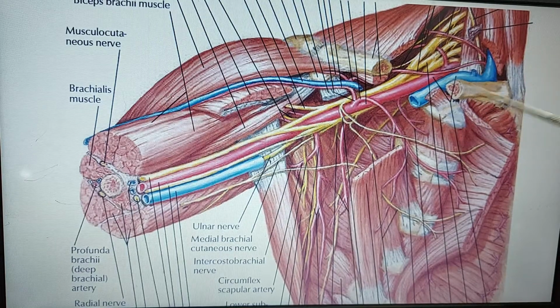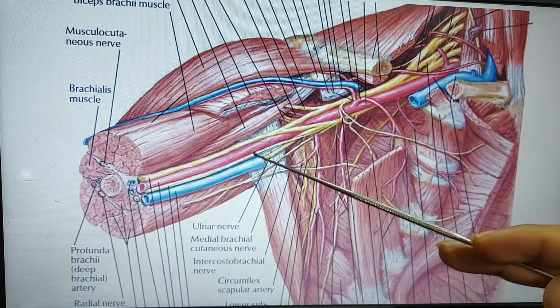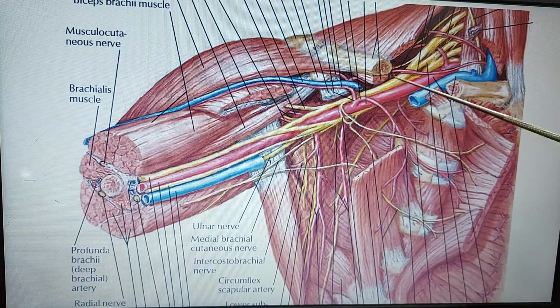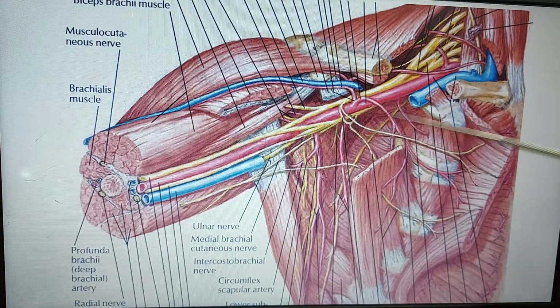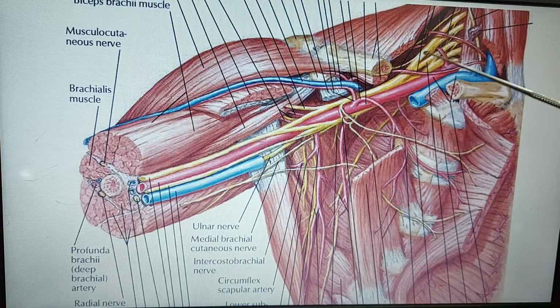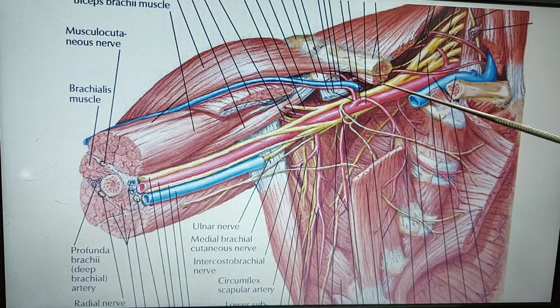After passing the clavicle, they enter into the axilla, and here they are named the axillary artery and axillary vein. And we see some whitish structures. They originate in the neck and pass through under the clavicle along with these vessels. This is the brachial plexus. This brachial plexus has some roots, some trunks, some divisions, and some cords. We will learn it later.